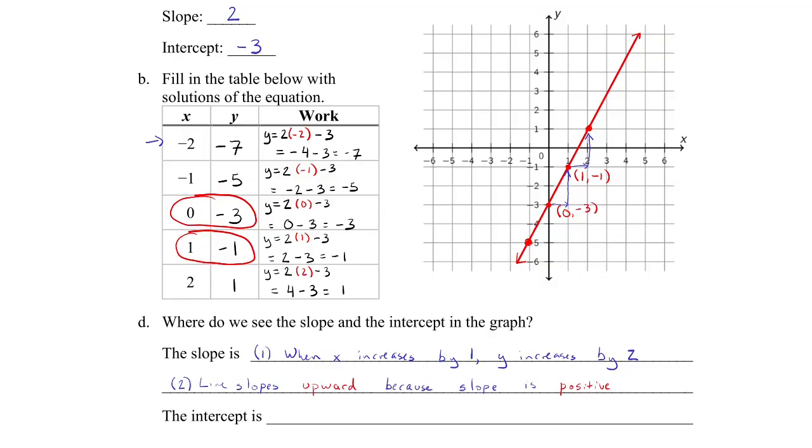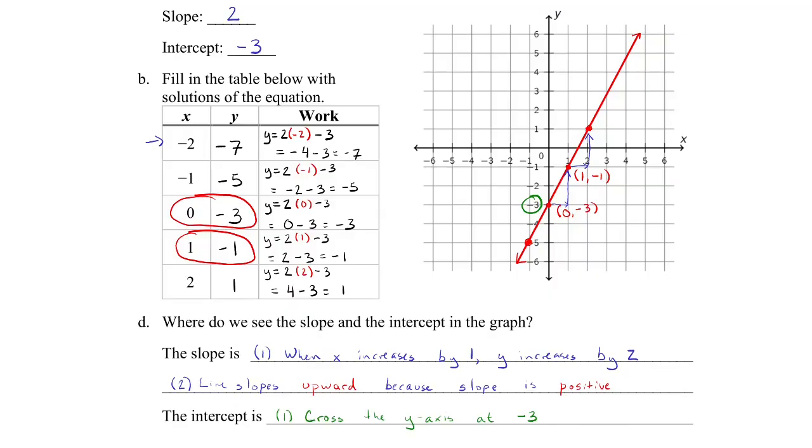And the thing in the equation that tells us that that is going to happen is that the slope is a positive number. The intercept, similarly, there are two ways of seeing it, a specific one and a more general one. So we see the -3 as the place where the graph crosses the y-axis.